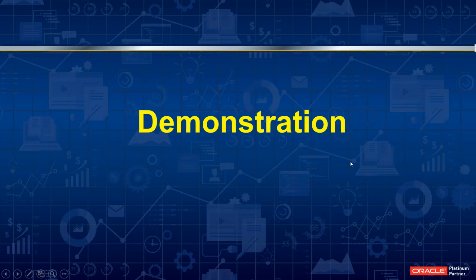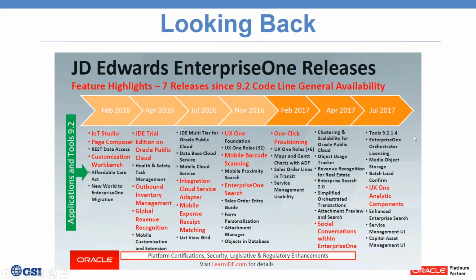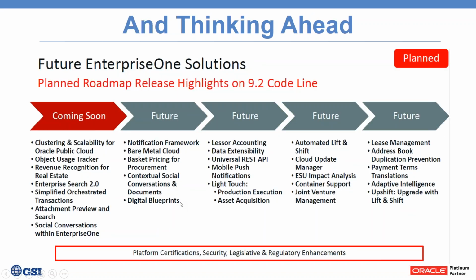JD Edwards, the product, the tool. Not only are tons of things being done regarding application enhancements, but look at Enterprise One Search. Look at some analytic components. If we move forward, there's more things that are being done from a tools perspective that you as a citizen developer can leverage, not just application enhancements.